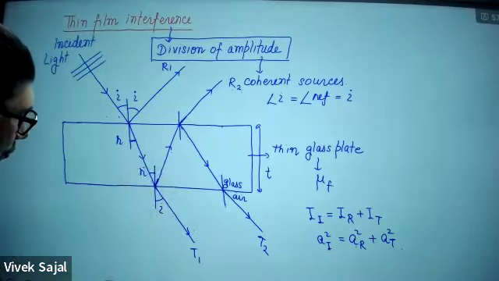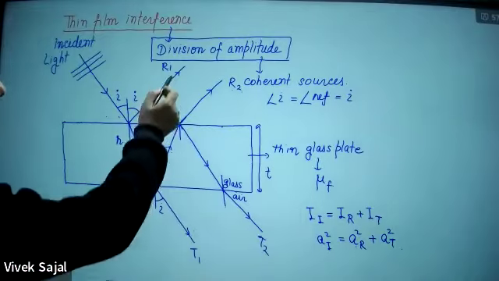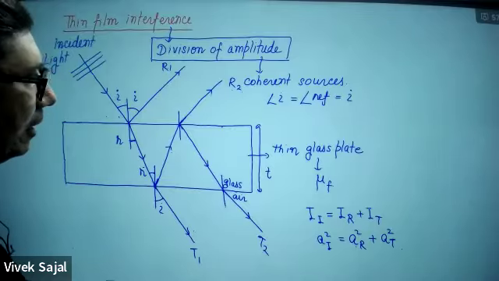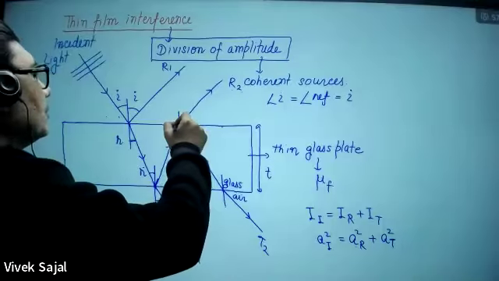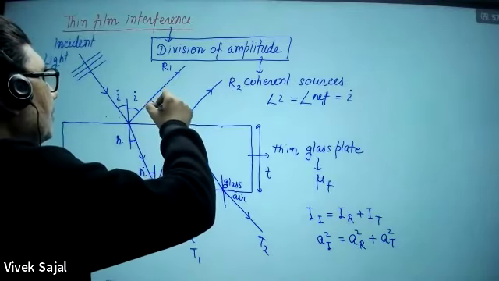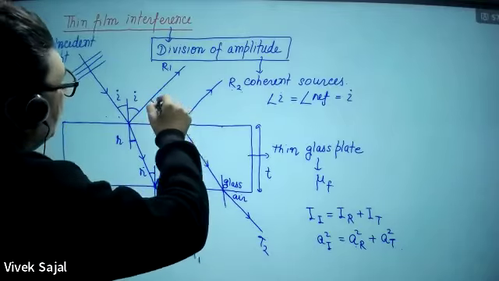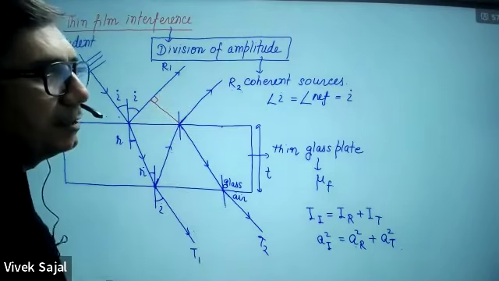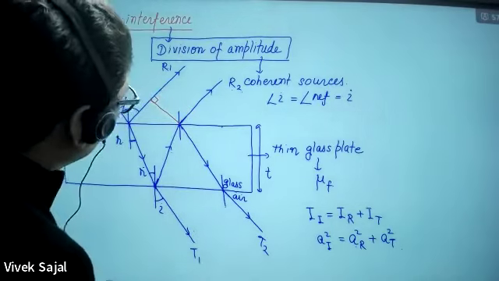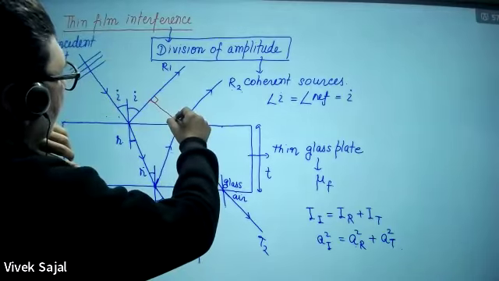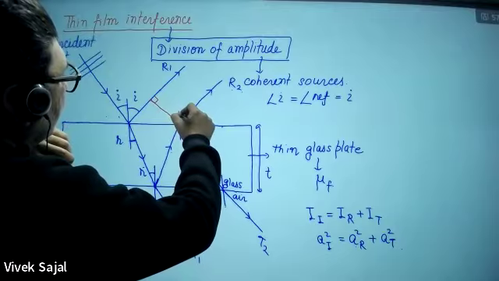So first I will show you how the path difference between R1 and R2 will be equal. Try to understand this. I'm drawing a perpendicular from here, so this is 90° here. Try to understand why I'm drawing a perpendicular, because if you draw a perpendicular here, this is also 90°.